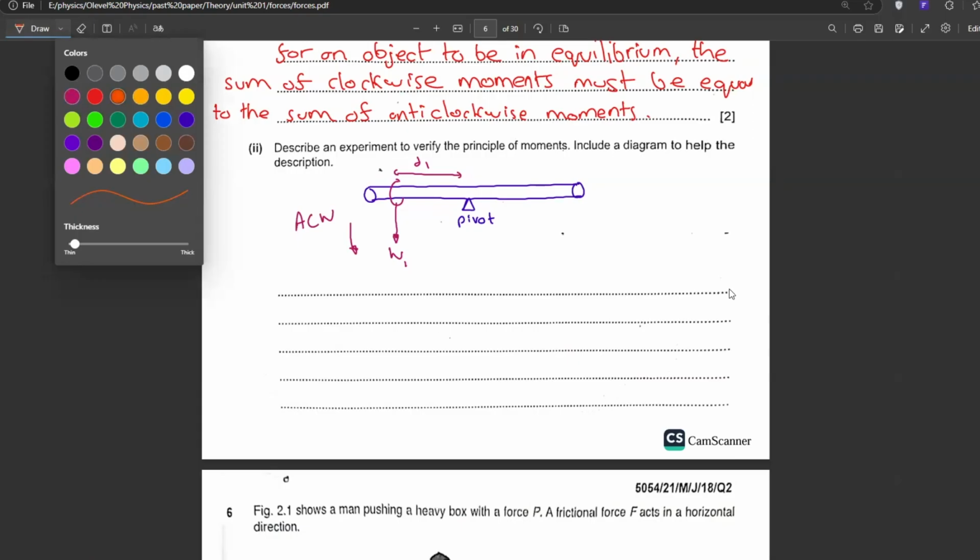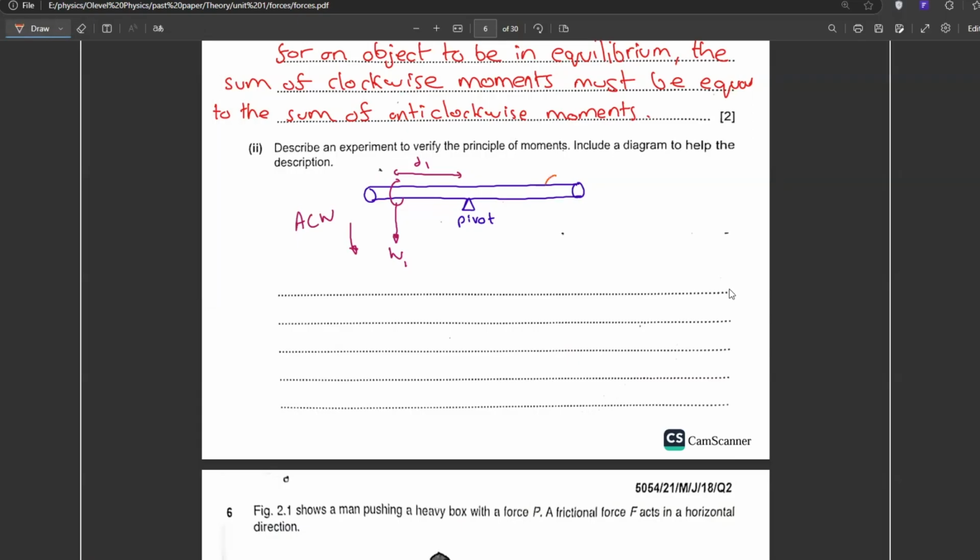To balance this out, you will place another weight here equal to W2. And you will move this weight forward and backwards until your rod balances. Once your rod balances, you will measure this distance d2. And this W2 is creating moments in which direction? Clockwise direction. So, how will you write this?